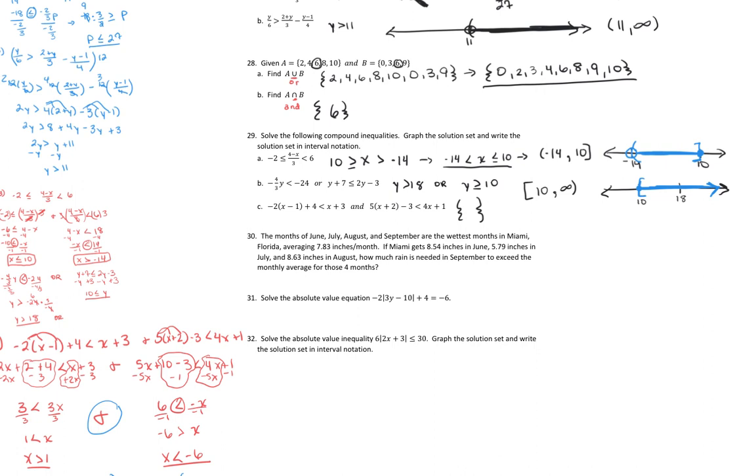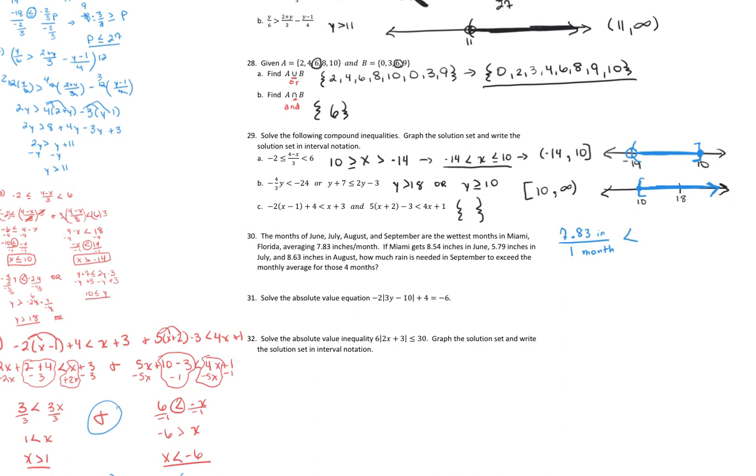So we start by visualizing. We know that this average is 7.83 inches in 1 month. It's just an average, right? So the sum of all inches divided by the sum of all months. And you want your average for the inches given to exceed the monthly average.